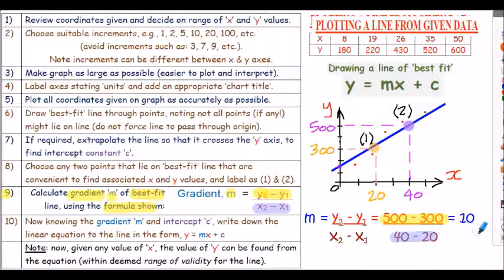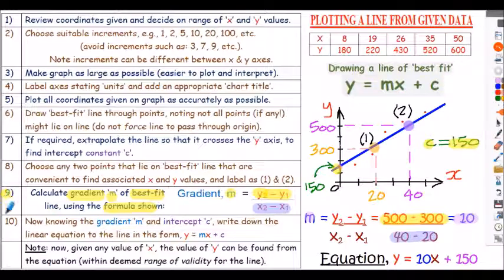That gives me a value of m of 10. And that would have units depending on the units of the y and x axes. By inspection of the best fit line with the vertical axis, it would appear that the intercept occurs at 150. So our c value is 150.